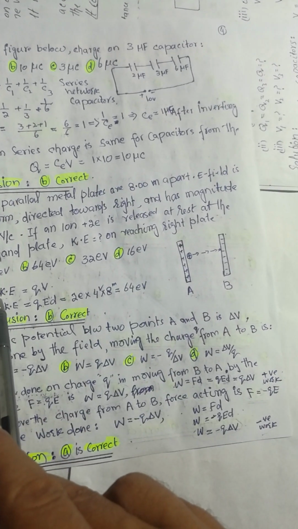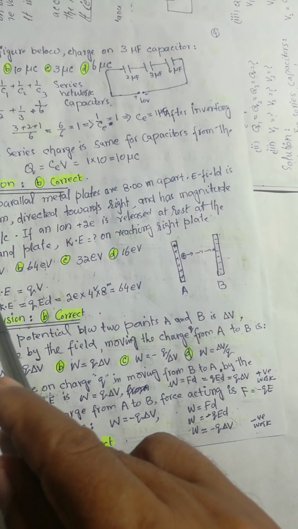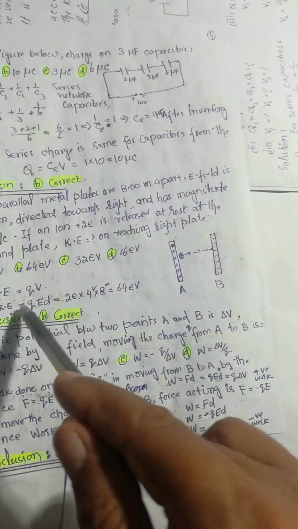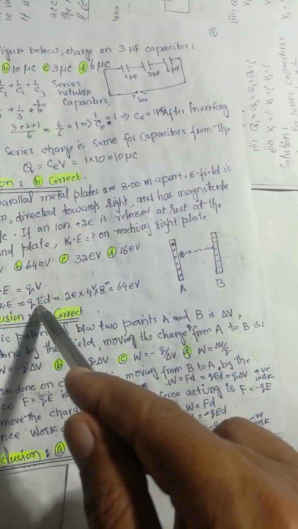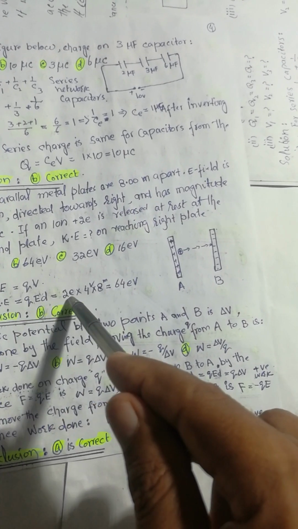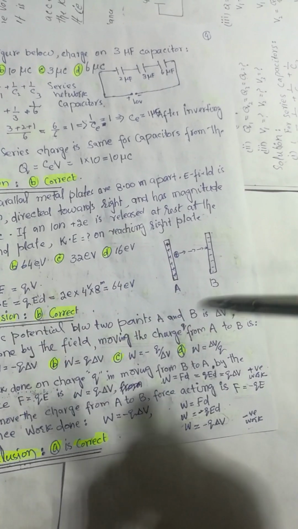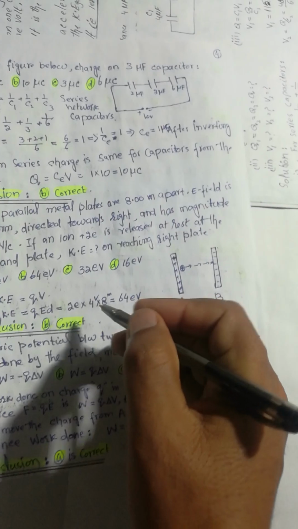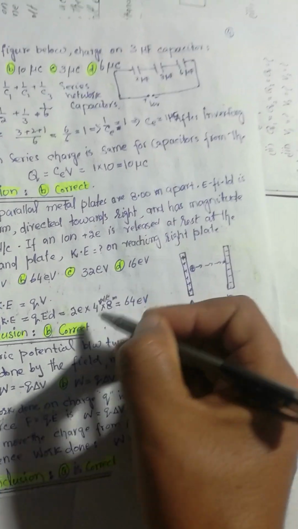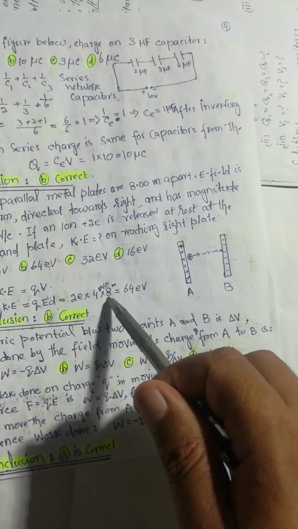We apply the equation delta K equals QV. Here Q is the charge of the ion, which is plus 2e, and V equals Ed. Putting in the values, Q is replaced by 2e, the electric field intensity is 4 newtons per coulomb, and the separation of the plates is 8.